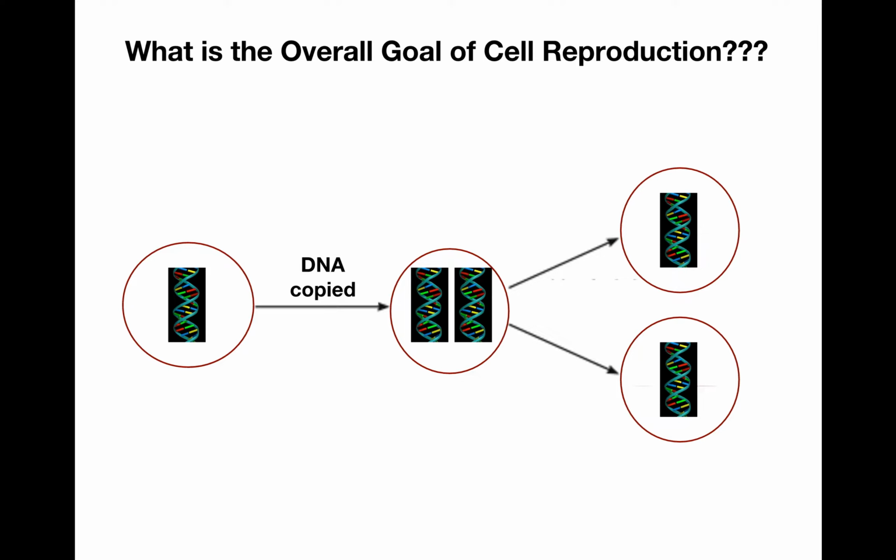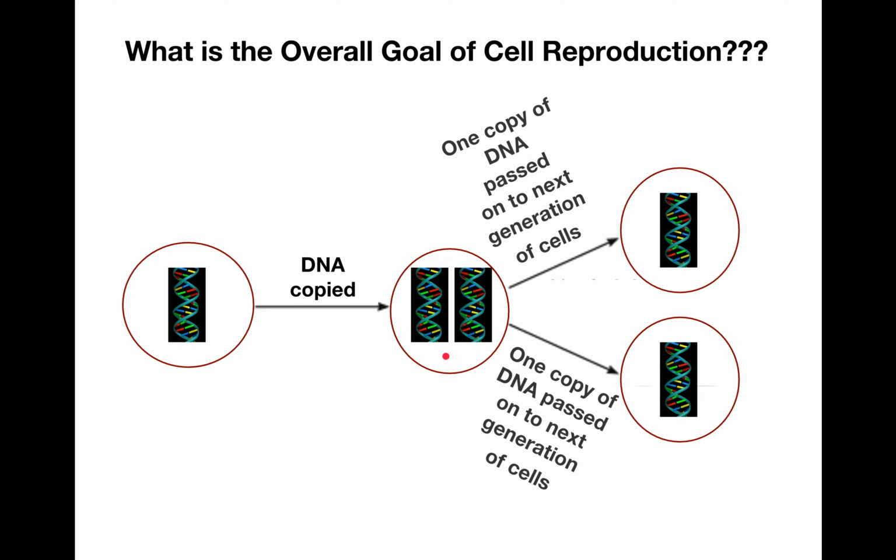But for right now, just assume that a DNA molecule that might be present within a cell, whether that cell is prokaryotic or eukaryotic, is capable of being copied. So we're going from a cell with a single DNA molecule to a cell with two DNA molecules. And in the process of cell reproduction or cell division, a copy of that DNA molecule will be passed on to each of two new cells.